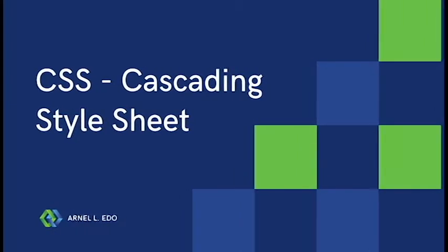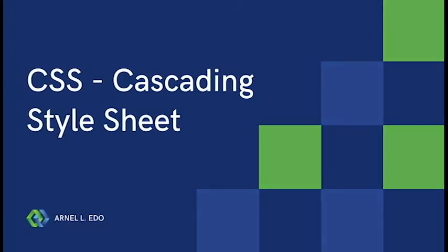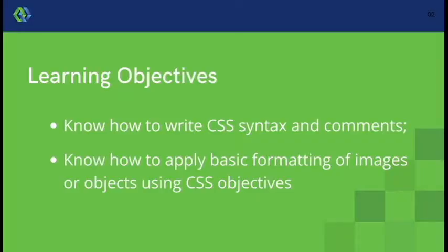All right, so we're now on topic 6. This is CSS, the Cascading Style Sheet. These are our learning objectives for this topic. We will be able to write CSS syntax and its comments.